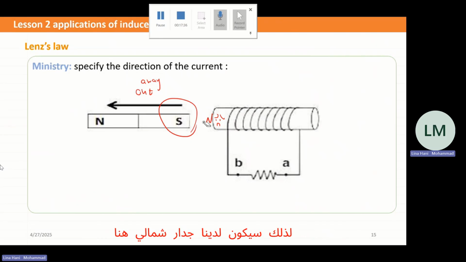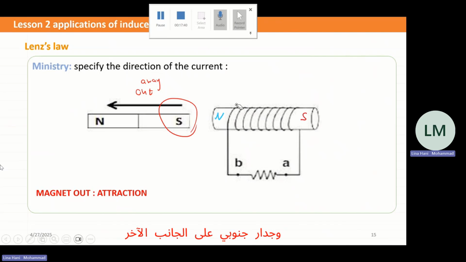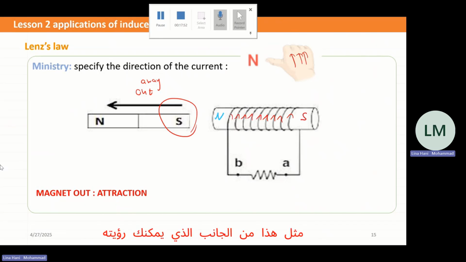So we will have a north pole here and a south pole on the other side. Using the right hand rule, you'll see that the four fingers will curl away. So that means the current is like this from the side that you can see. So it curls like this, goes downwards to B, and like this. So it's going to be from A to B.